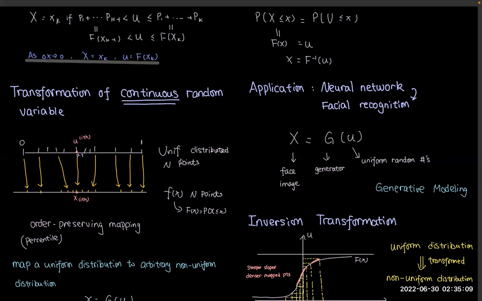Indeed, this is true, because in a computer, when we generate pseudo-random variables using the linear congruential method, we generate uniformly from 0 to m minus 1, and we divide this by m, so you can think of a uniform distribution over 0 to 1. It's actually a uniform distribution over m different values: 0, 1, until m minus 1, divided by m.